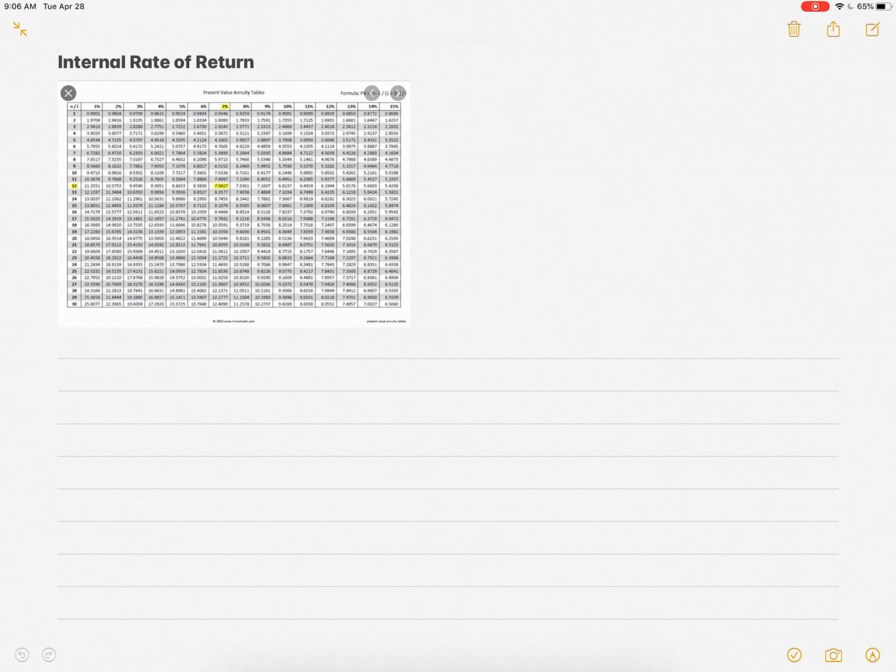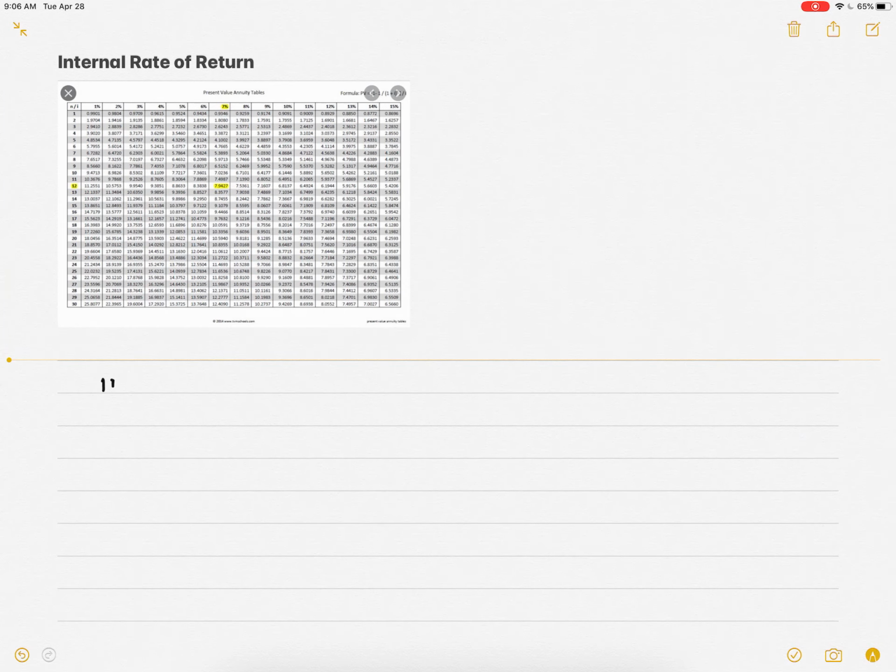One last concept we want to talk about is our internal rate of return. For our internal rate of return, there's a quick equation, which is actually the same as your payback period if you have the same equal amounts. So you're going to take your initial investment, and you're going to divide that by your net annual cash flows.